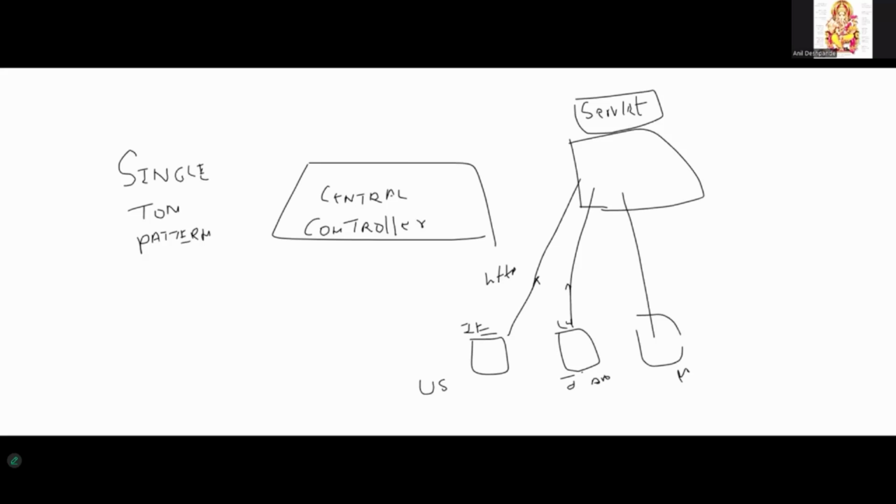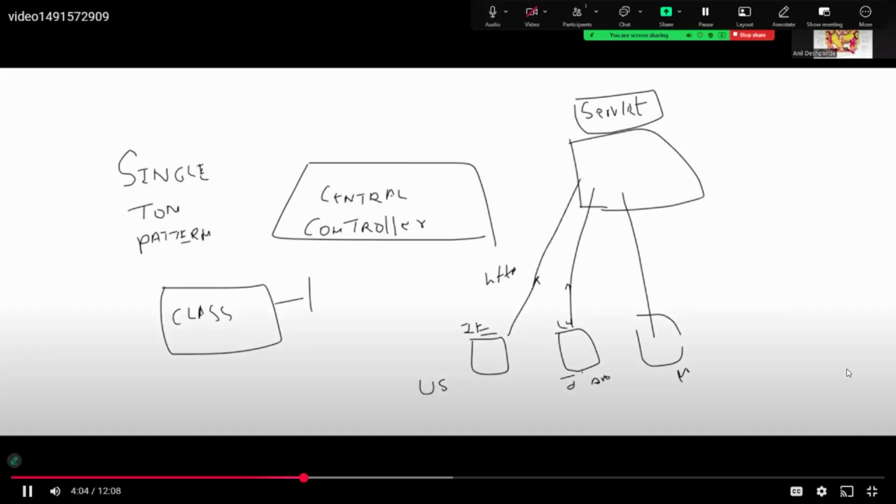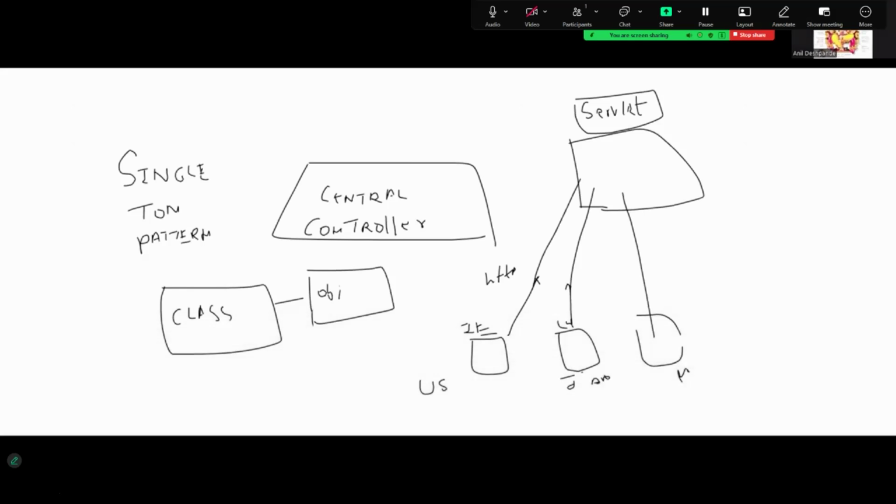You know that in Java you have a class, and from the class you can make an object. But how do I ensure that I make only one object? Only one, not more than that.